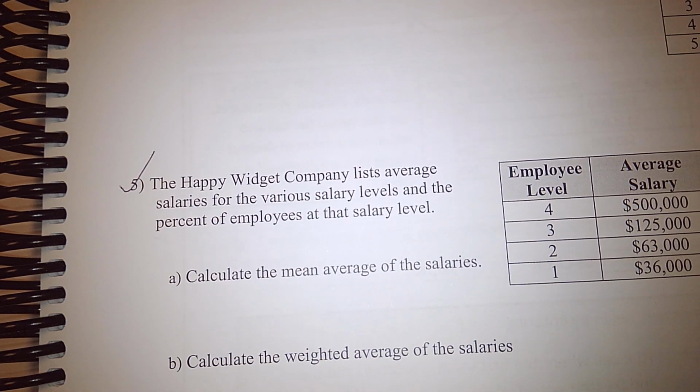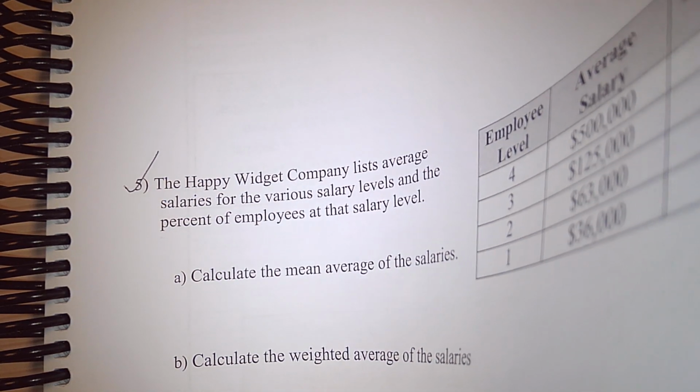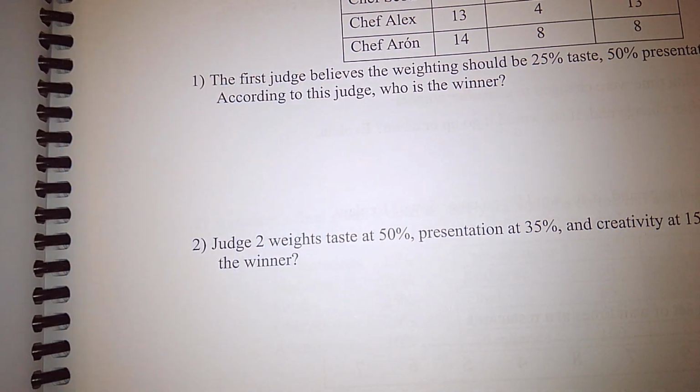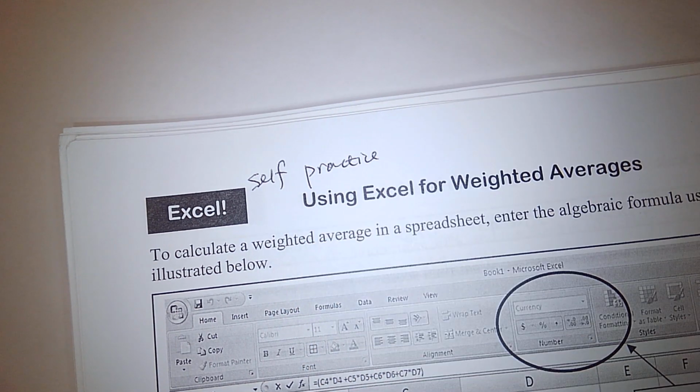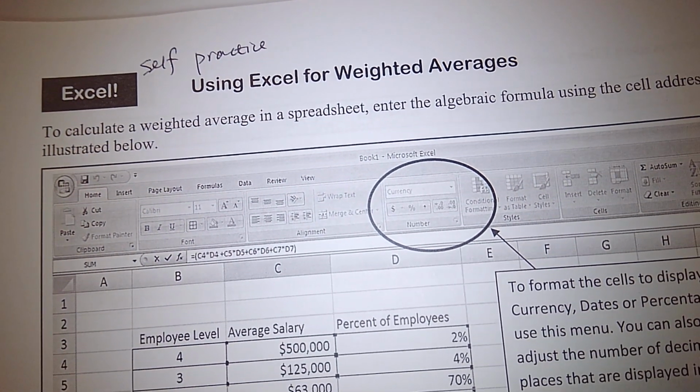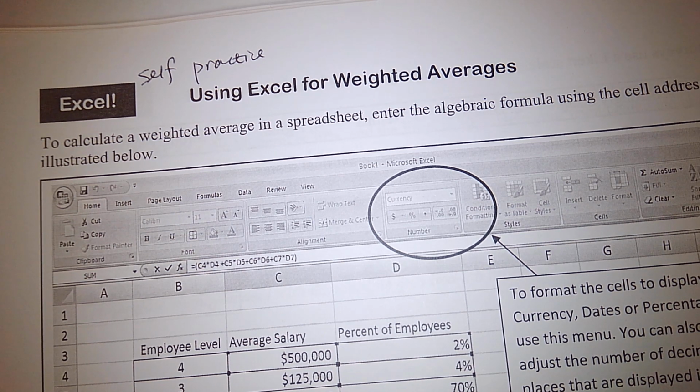Okay, so that's it for section 6. Of course, on page 66, there is an Excel part, self-practice. So it's a lot of material in section 6.